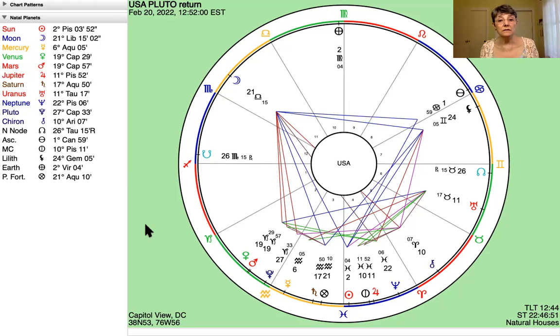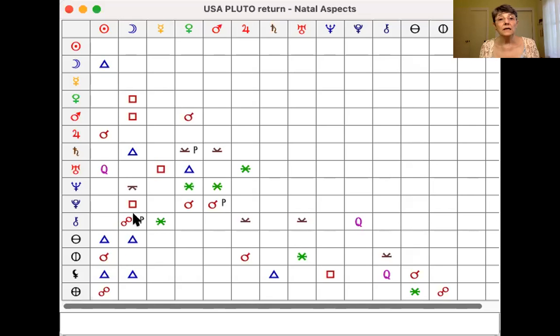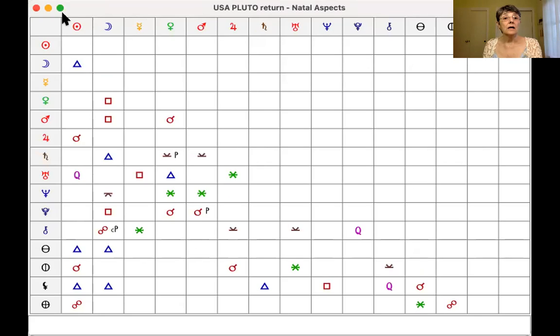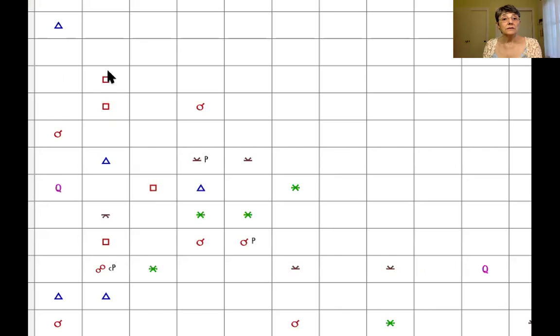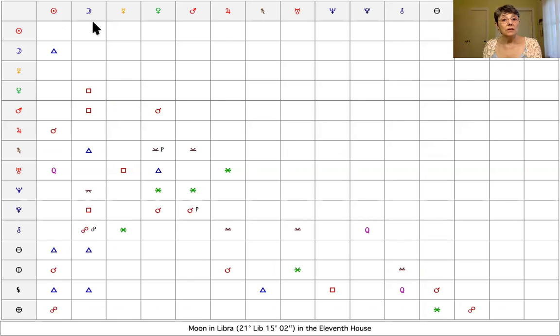Yeah, this is the aspect grid. So you see the moon is square Venus, square Mars, trine Saturn, quincunx Neptune, square Pluto, opposite Chiron, and counter parallel Chiron, which means also a kind of an opposition.